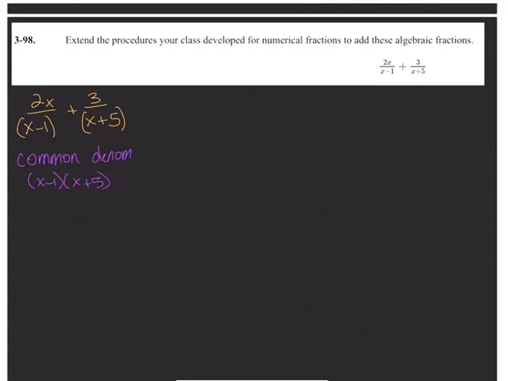Alright, so to add these two together, I'm going to make my little fraction bar just a little bit wider. So I always write down what I originally had. So I originally had 2x over x minus 1, right? And I originally had 3 over x plus 5. But we know that our common denominator has to be x minus 1, x plus 5.